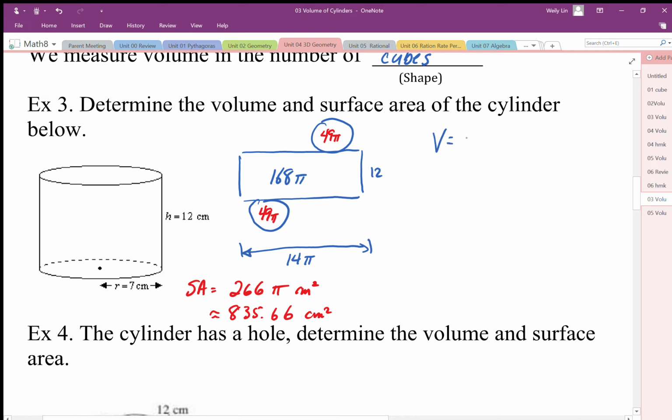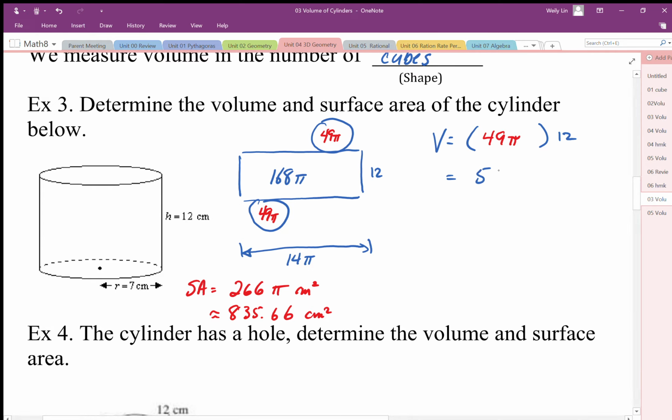Working out the volume. The volume is a little bit easier. Again, it's the area of the base times the height of 12. The area of the base we calculated as 49 pi. So the total volume is 49 pi centimeters squared times 12 centimeters, which gives us 588 pi centimeters cubed.